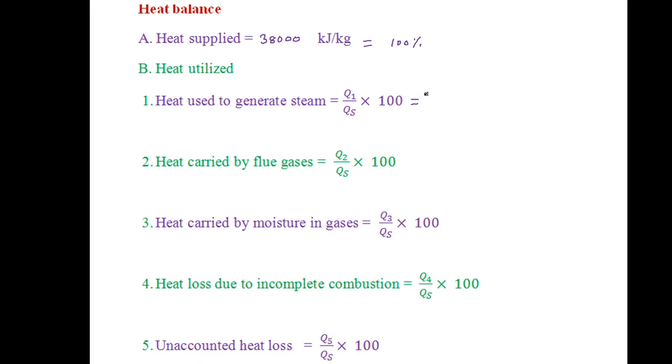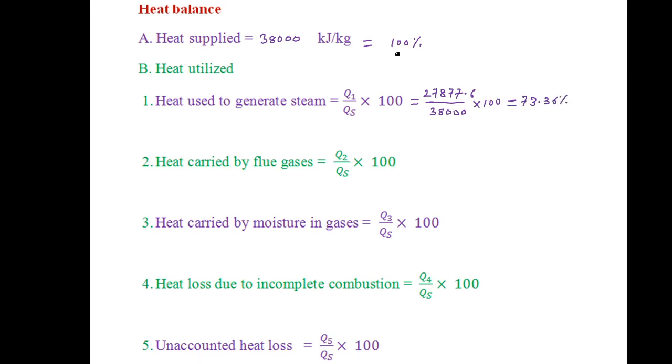Therefore, the Q1 value we know is 27,877.6 divided by heat supplied, 38,000, into 100, which is equal to 73.36% of heat.